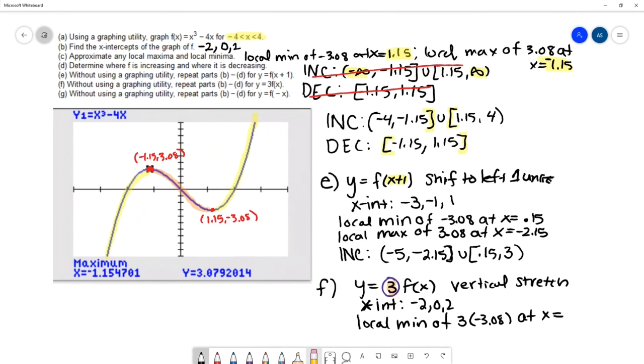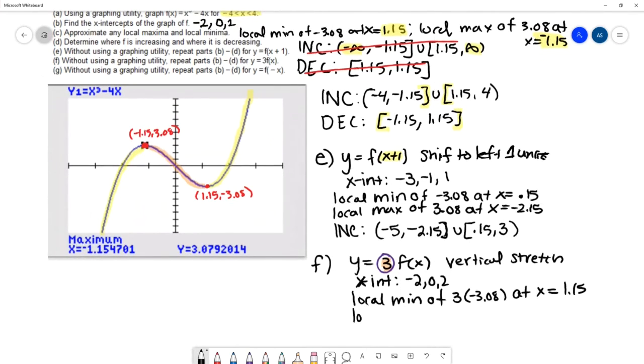So that will be at 1.15. We'll have a local max of 3 times that y value at x equals -1.15. So what is 3 times that value? So that's 9.24.